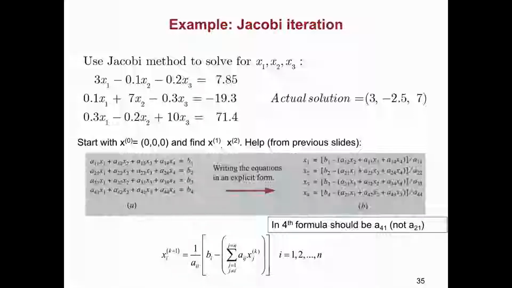And then my x3, so this is my new vector x based on the old vector, right? From the third one, 71.4 minus 0.3 x1 plus 0.2 x2, divided by 10.